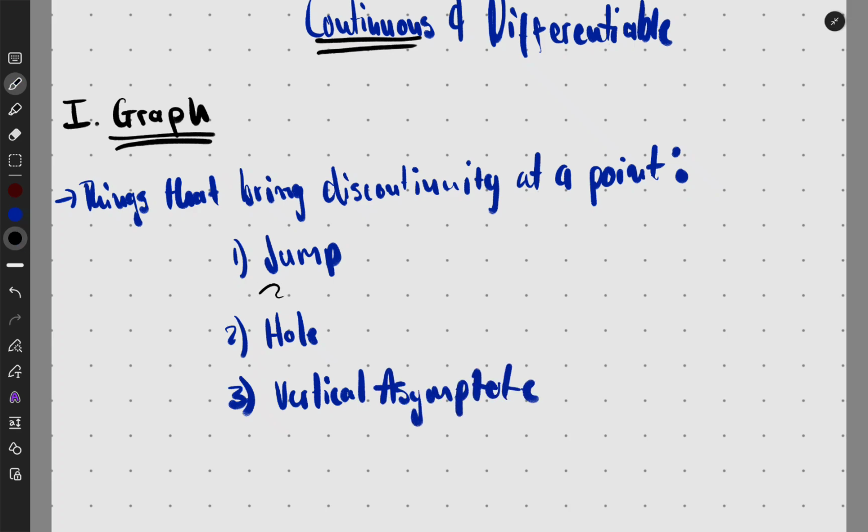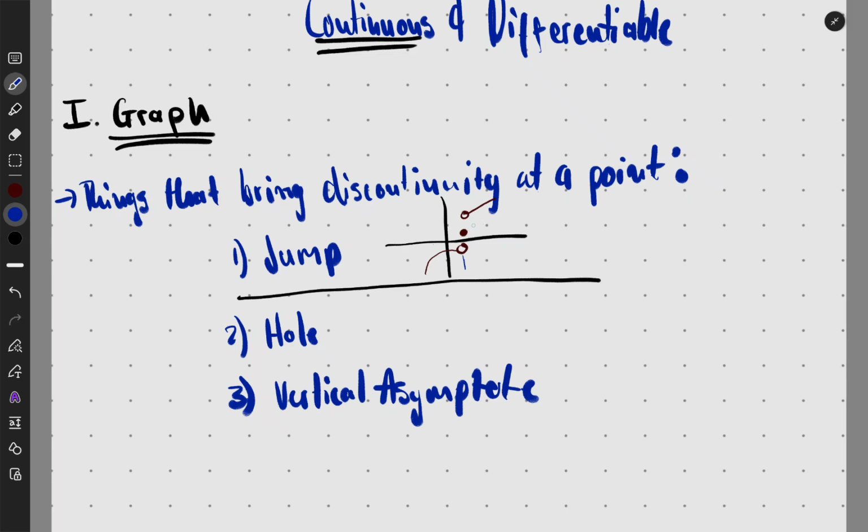So when we say a jump, it's like you have a function like this, and it goes like that, ends here. Then you have a circle here, then there's a dot here, then it continues here as a circle. So this is a jump. This function, when it gets to this x position here, jumps to this point.